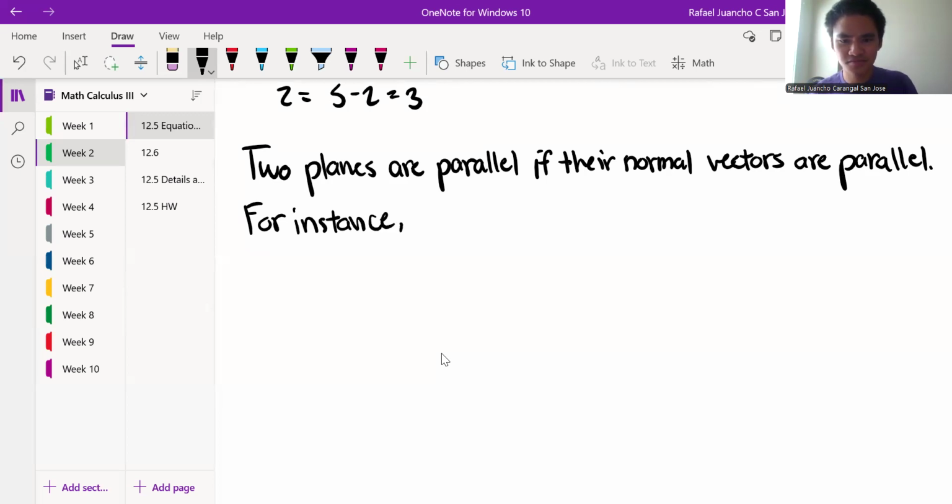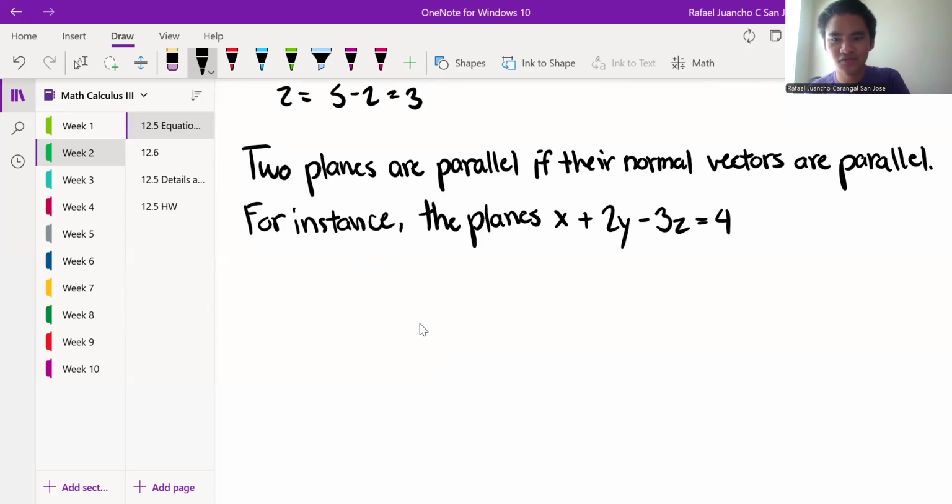So for instance, we have two planes. We have planes with equations of x plus, I'm gonna zoom in my textbook, I cannot see. x plus 2y minus 3z is 4. That's one of them.